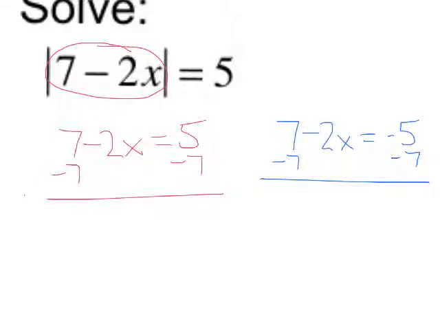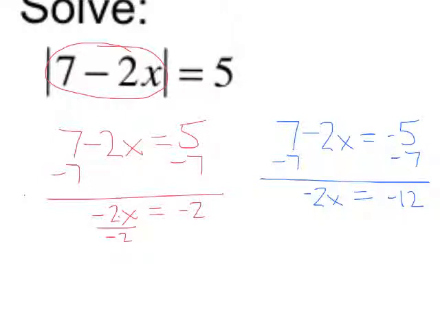7 minus 7 is nothing, and I'm left with minus 2x. 5 minus 7 is negative 2. In the negative case, the 7's still go away. I still have minus 2x. Negative 5 minus 7 is negative 12. Then what move undoes the multiplying? Divide by negative 2.